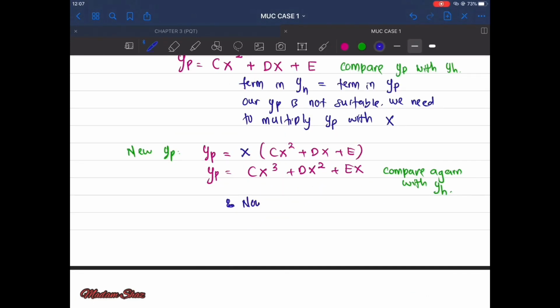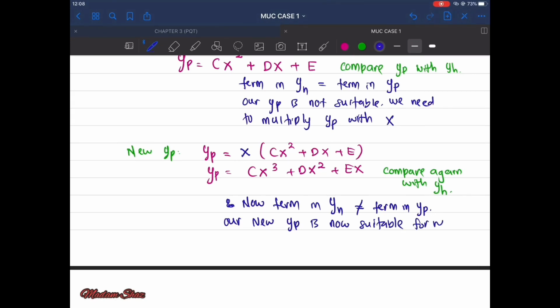So therefore, now the term in YH is not equal to the term in YP. So our new YP is now suitable for the next step.